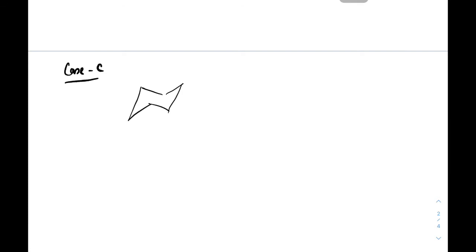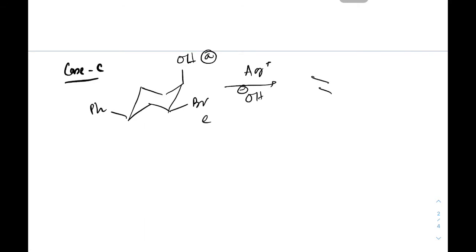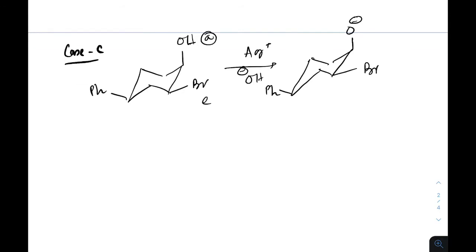In this case, the OH and Br are similarly cis to each other, and OH is axial and Br is equatorial. In the presence of base or silver ion, basically in the presence of base, it will give this type of intermediate, but you can see the leaving group is not anti-position with this neighboring group, right? And there is no chance of hydrogen elimination there.